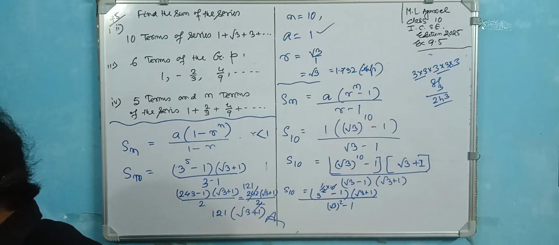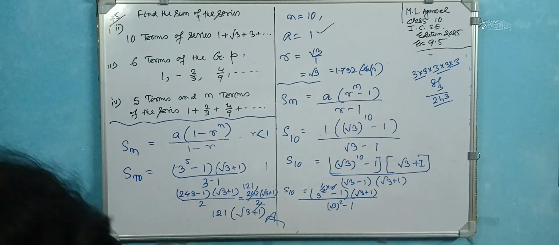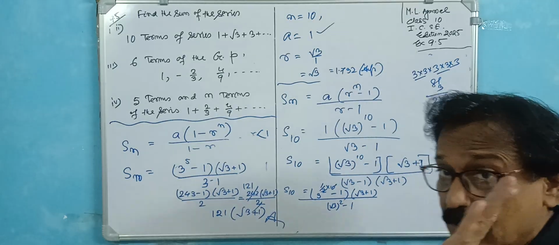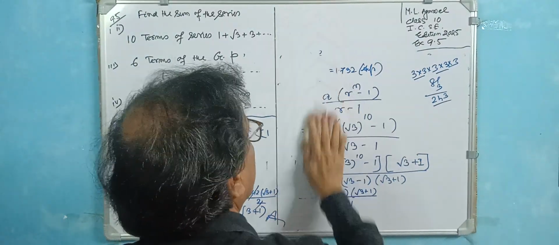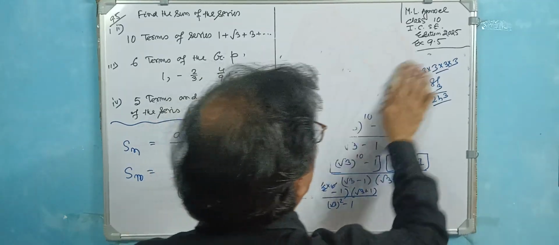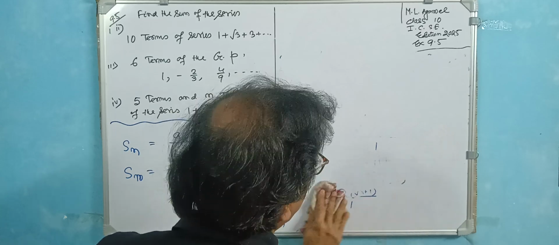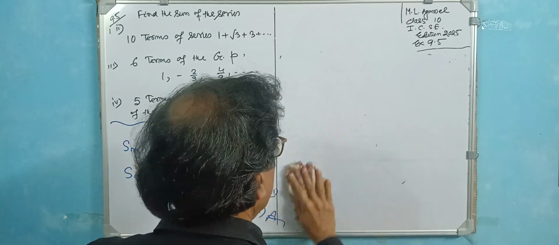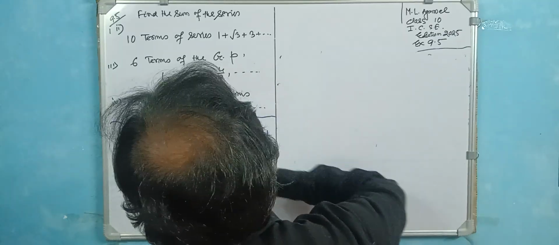Now the next sum. In case of GP, the calculation is very important. So this is very important when you calculate. These are sort of tough, the calculation under the root to the power. So don't be confused.